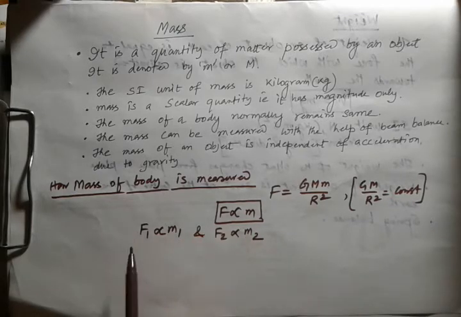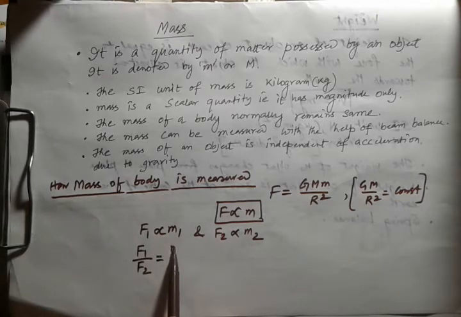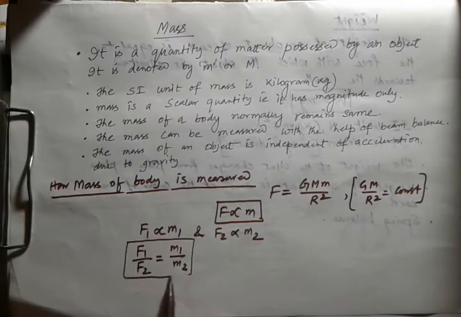Comparing these, we get F1 by F2 is equal to m1 by m2. So the mass of bodies can be compared by measuring the forces of gravity acting on the two objects. The mass compared by this method is called the gravitational mass.